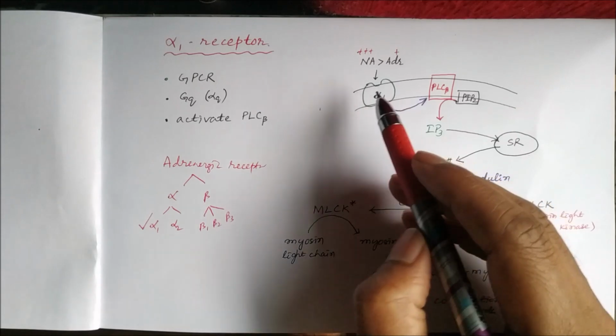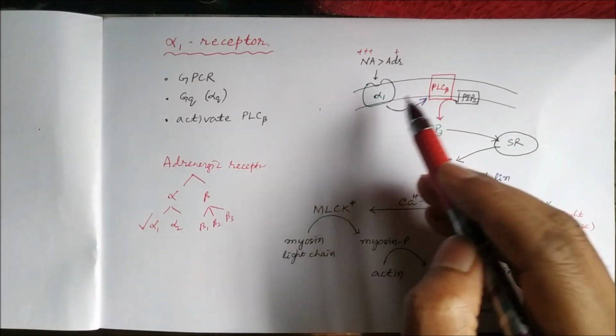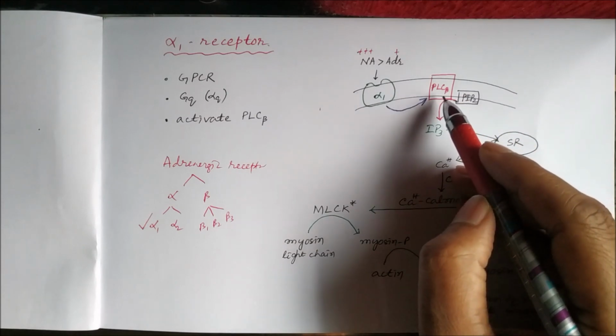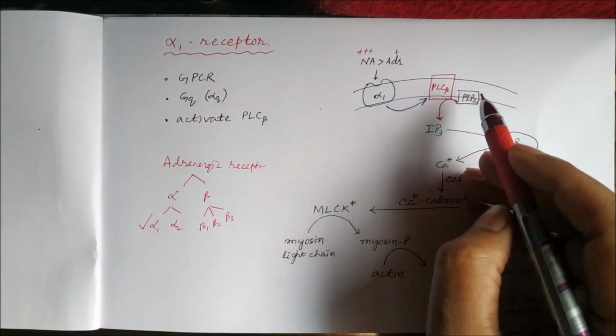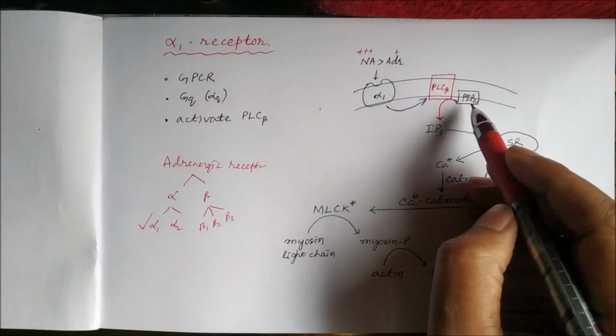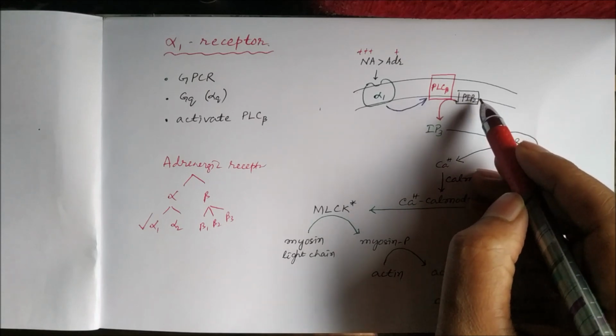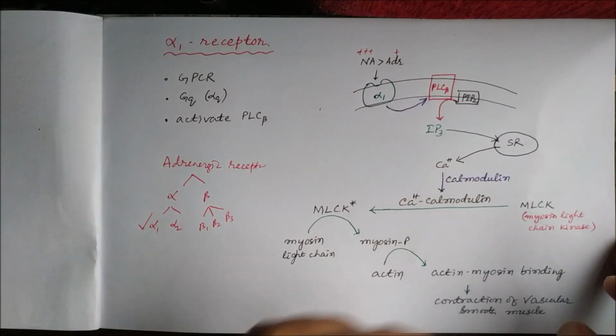When this receptor is activated by noradrenaline, the enzyme phospholipase C is activated, and it converts phosphatidyl inositol diphosphate, present on the cell membrane, to IP3 and DAG.